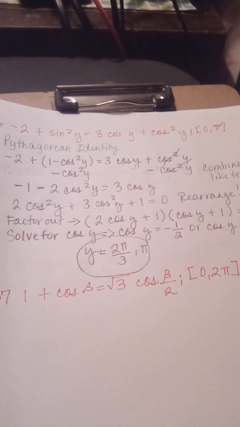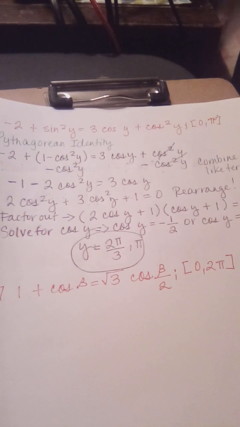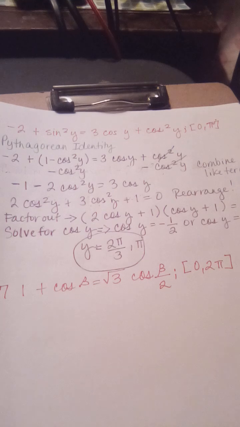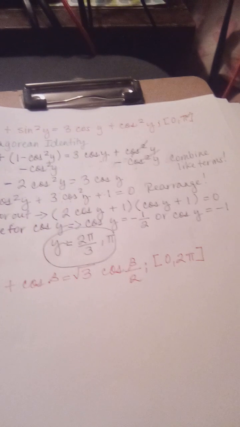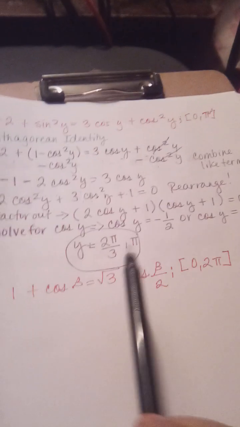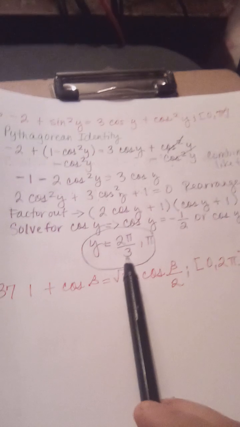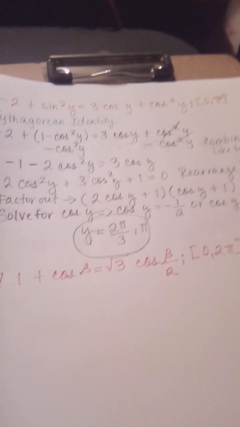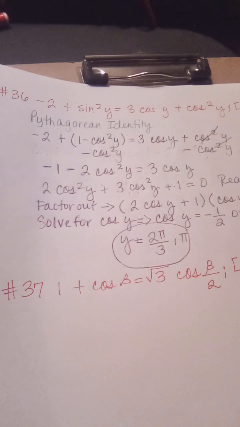So we have 2 cosine y plus 1, another set of parentheses, cosine y plus 1, and then to solve for cosine y, we have cosine y equals negative 1/2, or cosine y equals negative 1, and this is what the interval looks like for that, the given solutions for the given interval: 2 pi over 3 and pi. So any questions on 36?